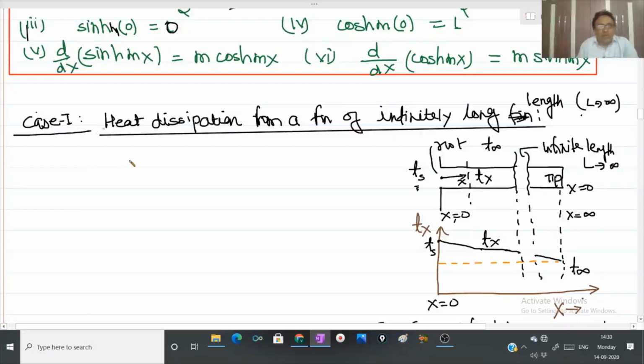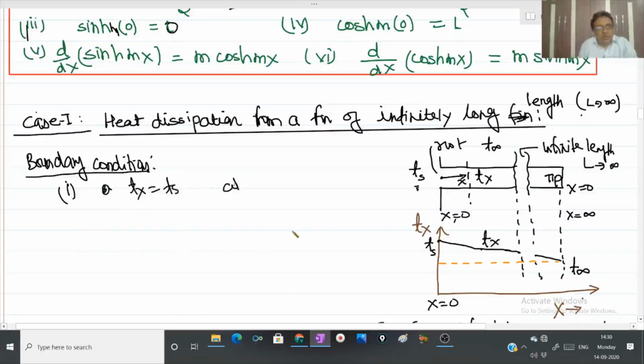Now in order to solve equation 7 for case 1, we will be requiring some boundary conditions. So boundary condition number 1 will be T(x) equal to Ts, that is, the fin temperature at the root will be equal to the base temperature at x equal to 0.